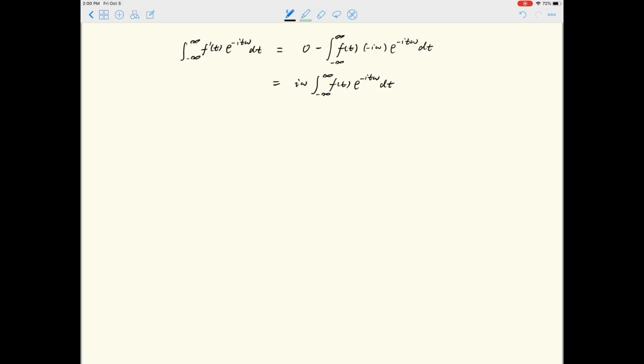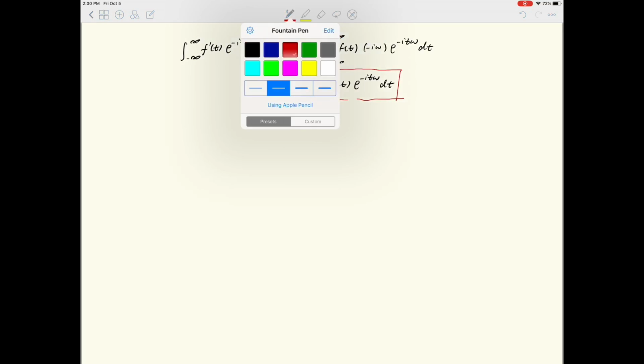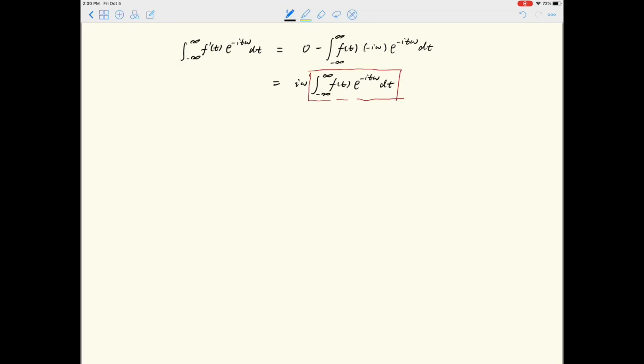Now look closely at this integral. What is it? You will realize that it's actually the Fourier transform of little f itself. So the whole thing now is i omega times f hat, a function of omega.